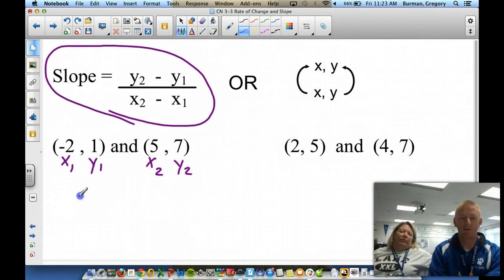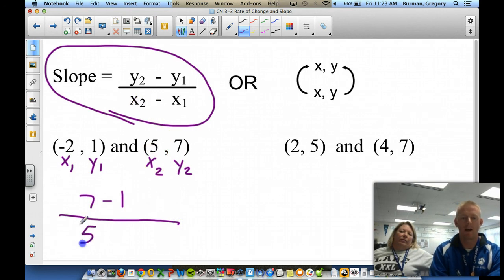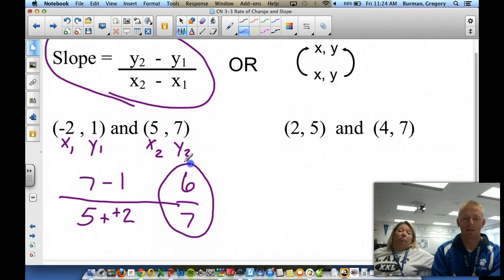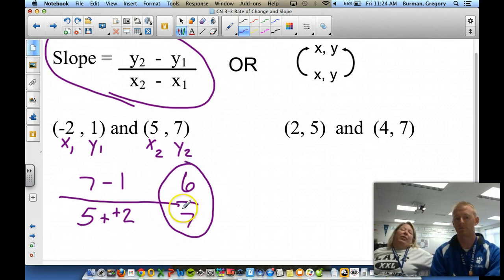So y2 was 7, and y1 was 1, so 7 minus 1 over x2 was a 5, and x1 is a negative 2, so minus a negative 2. 7 minus 1 is a 6. Remember that we do keep, change, change, so minus a minus turns into a plus, so 5 plus 2 is 7. This becomes 6 over 7. My slope is 6/7.